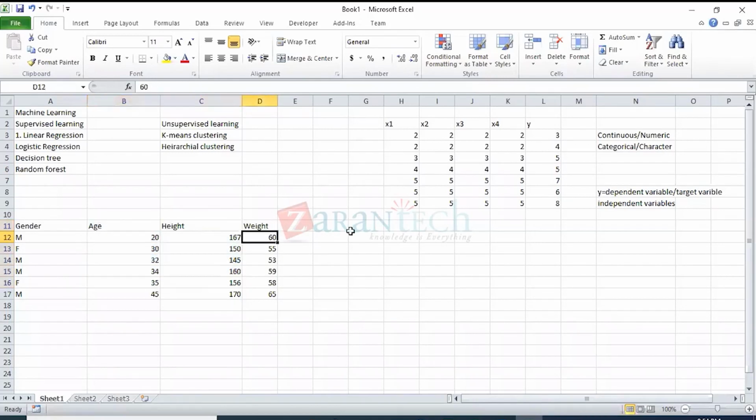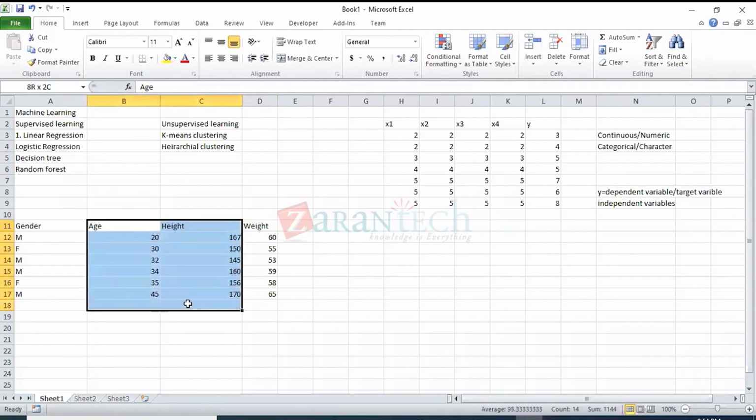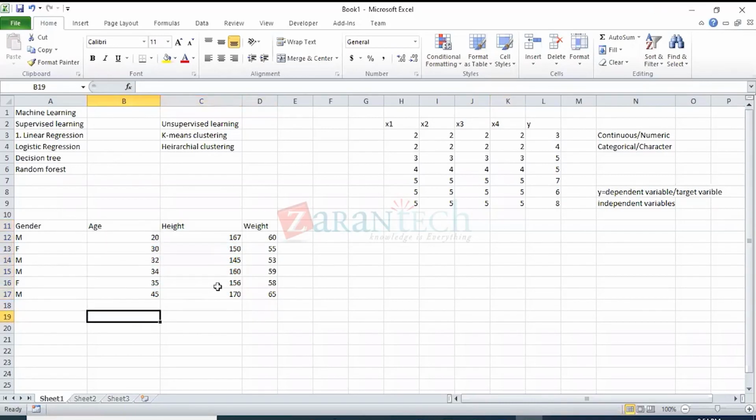So my model doesn't know whether my weight is increasing because of age or because of height. The predictions could go wrong. That is why there should not be any relationship between your age and height. There has to be an exclusive relationship between your height and weight and between age and weight, but not between these two. So no multicollinearity means no relationship between independent variables. Clear?